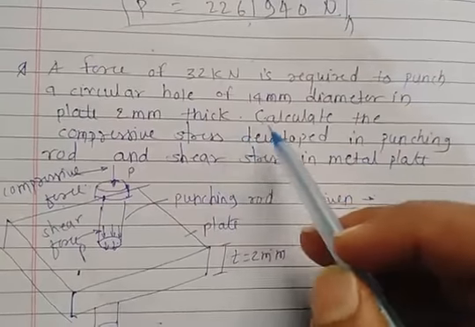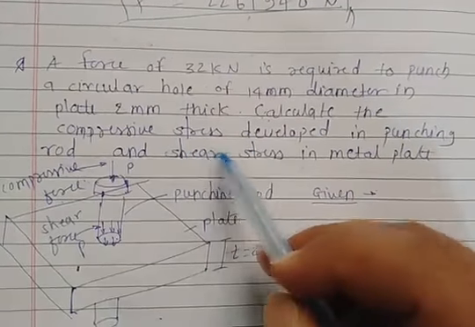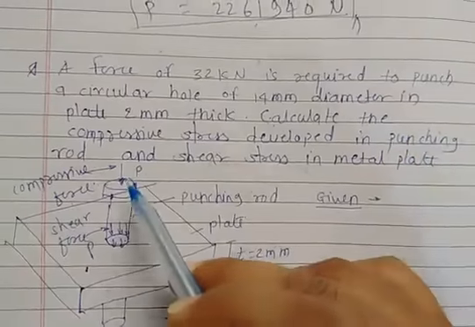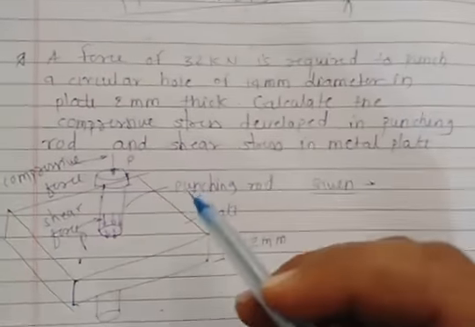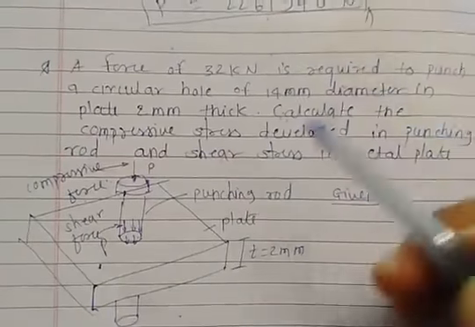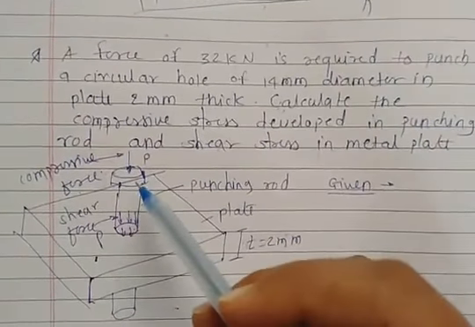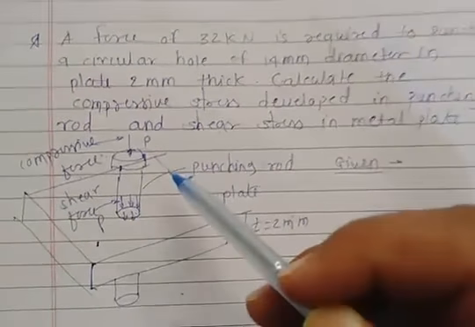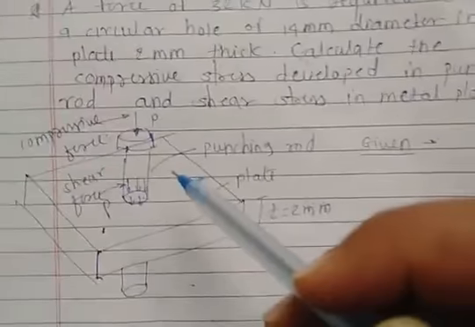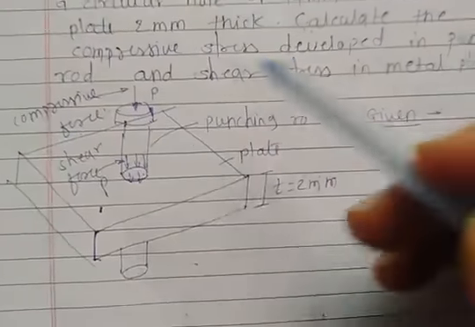Then calculate the compressive stress developed in the punching rod and shear stress in the metal plate. When we use a punching rod to punch a hole in a plate, two types of stresses are generated.